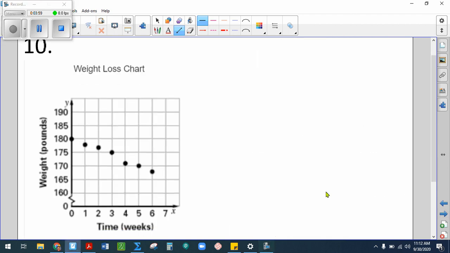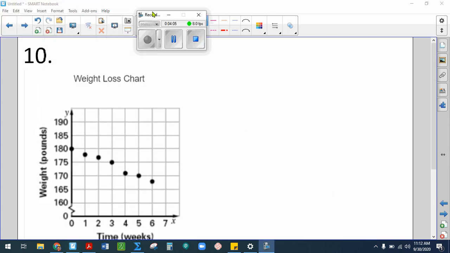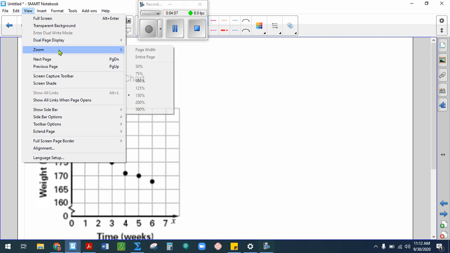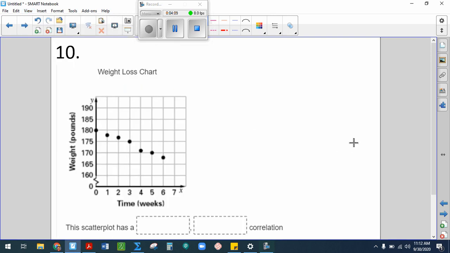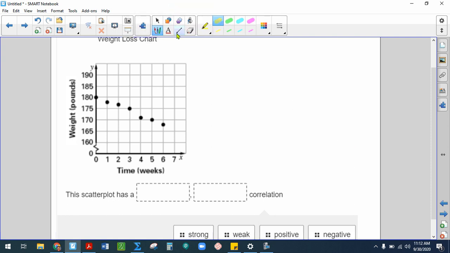For number 10, it says a weight loss chart. And the question is, this scatter plot has what type of correlation? Strong or weak, and positive versus negative. So if I had to draw a line through the dots, okay, that might not even be the best one.